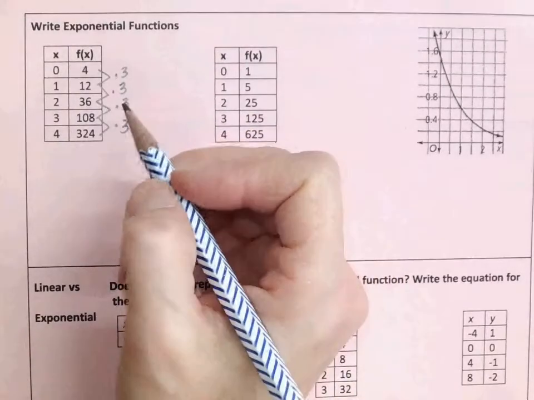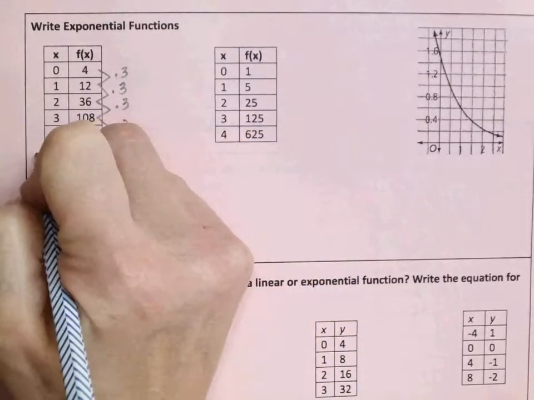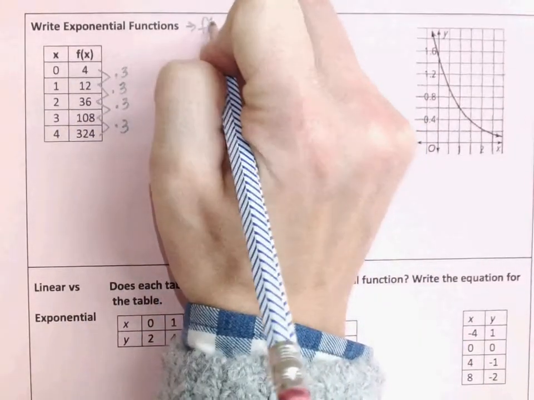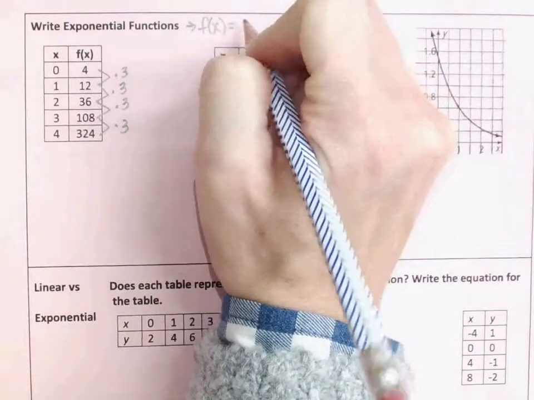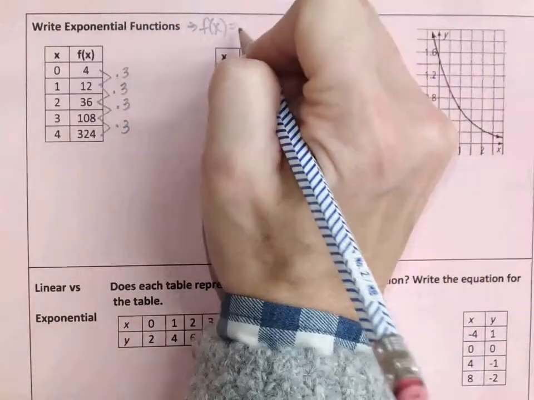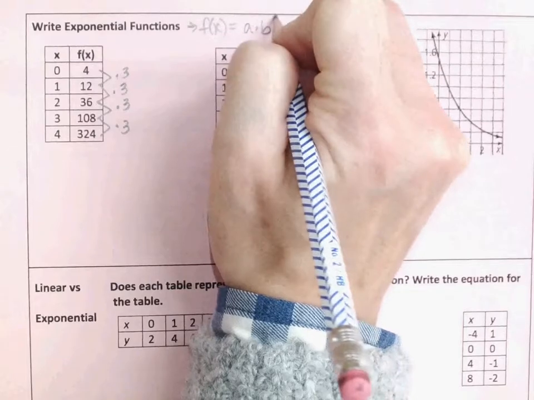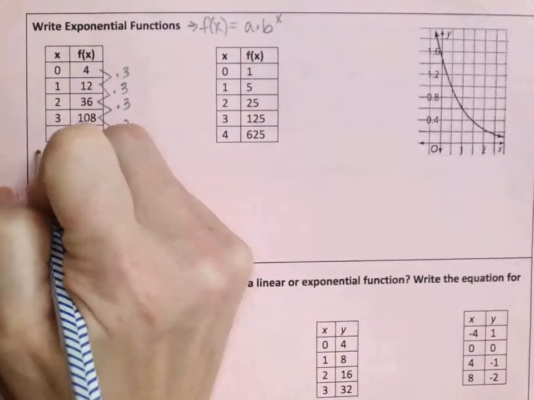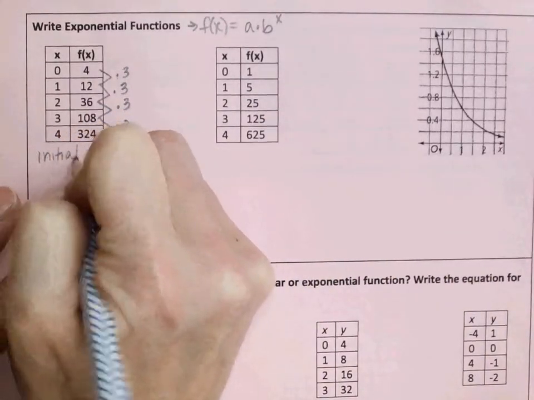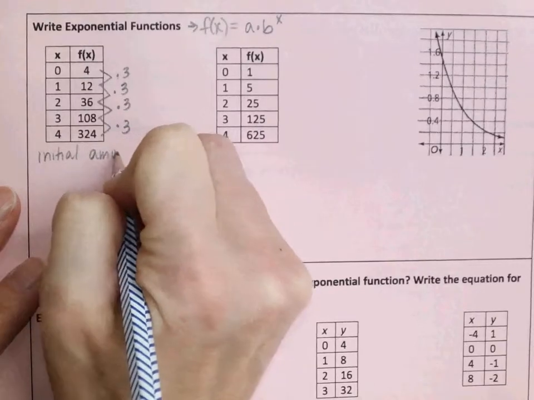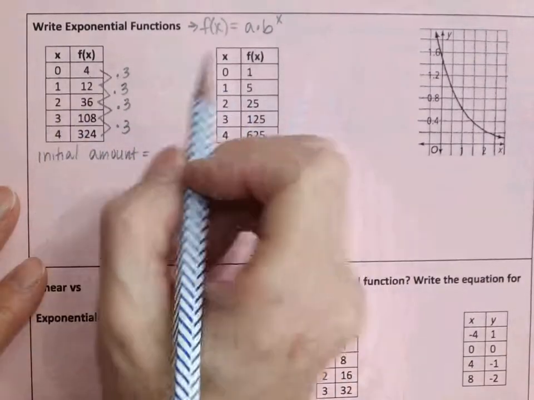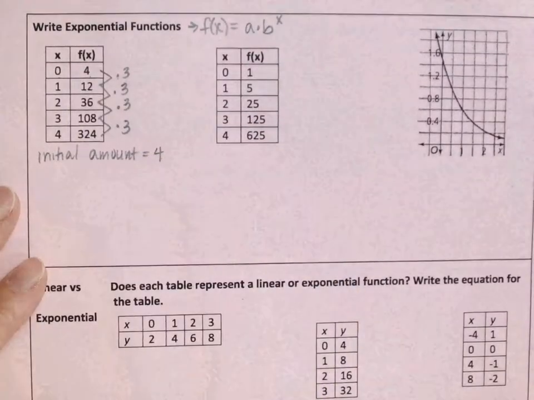Okay, so a couple things that we're going to write down is first, whenever we are writing these functions, so again, real quick, we're writing it in the form f of x is equal to a times b to the power of x. Okay, a is our initial value, so I'm just going to go ahead, initial value, initial amount, same difference. It's when x is 0, what is y, also known as your y-intercept.